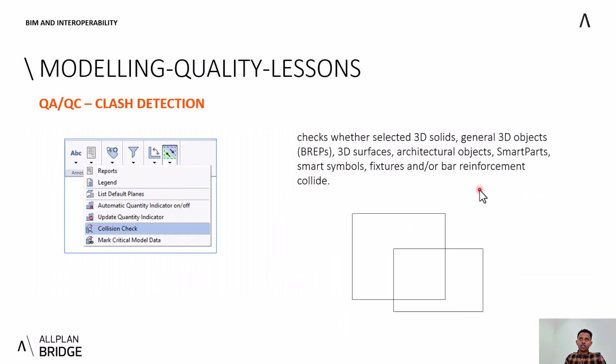These were 2 quality checks or quality controls, but mostly focused on the information aspect of the model. But of course, we can also do a hard check, basically a geometrical check, where, for example, we have 2 3D solids, one cube and another, and we check if everything is okay. We can have a check and say, okay, these 2 are colliding, so there is one collision here.